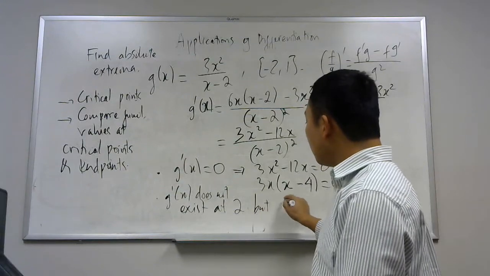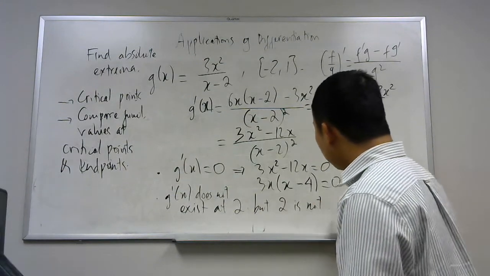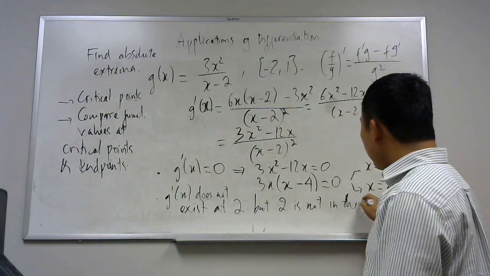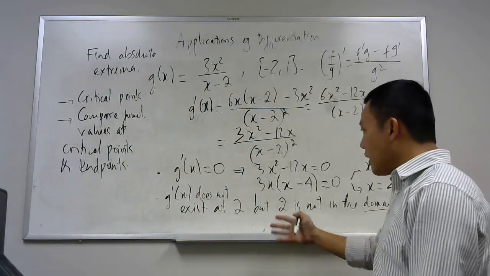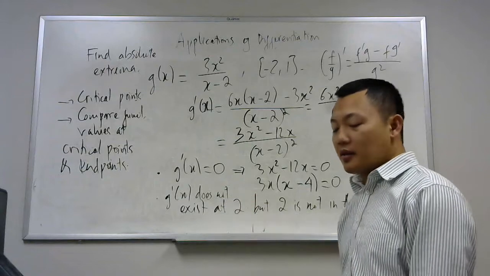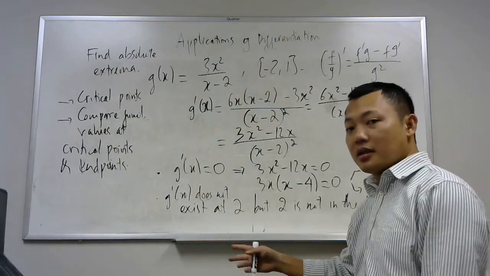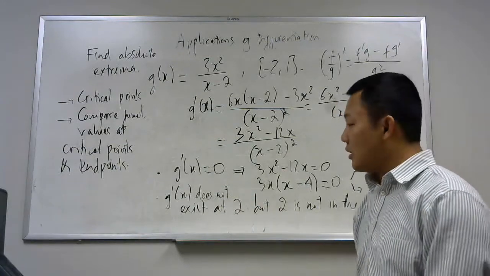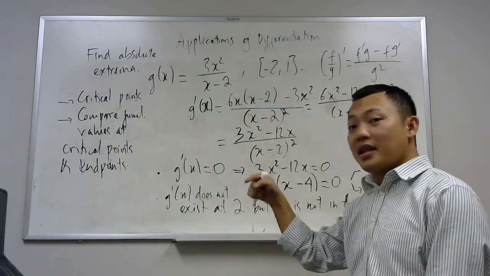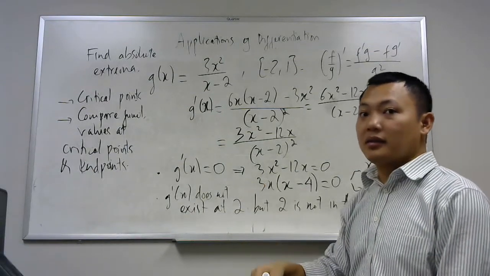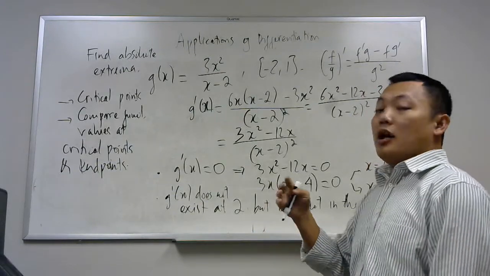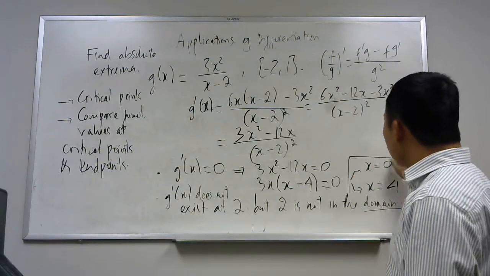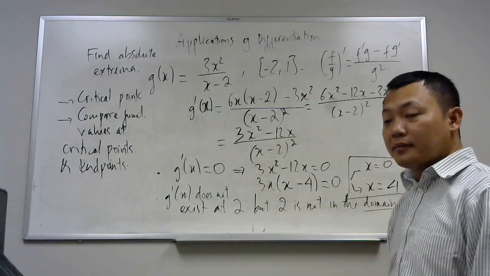Sometimes you consider this case and it turns out that the number is not in the domain, so we don't need to care. But sometimes that number is in the domain, and we have to include it in the set of critical points. Overall, we have two critical points, 0 and 4.